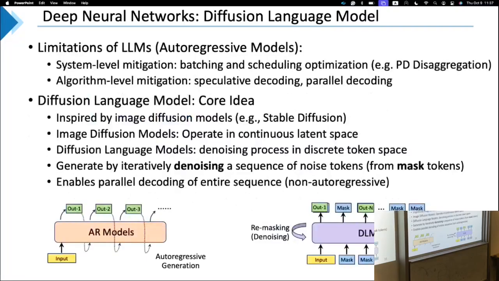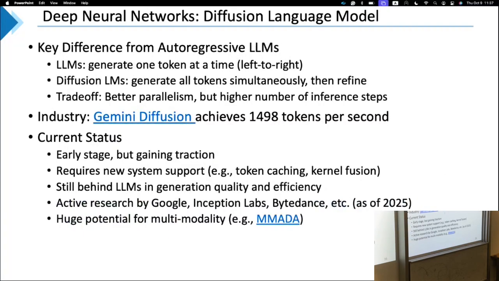The diffusion language model is talked about a lot this year. If you click this button, they have a very amazing demo here. They can achieve nearly 1,500 tokens per second, which is much faster than a large language model.